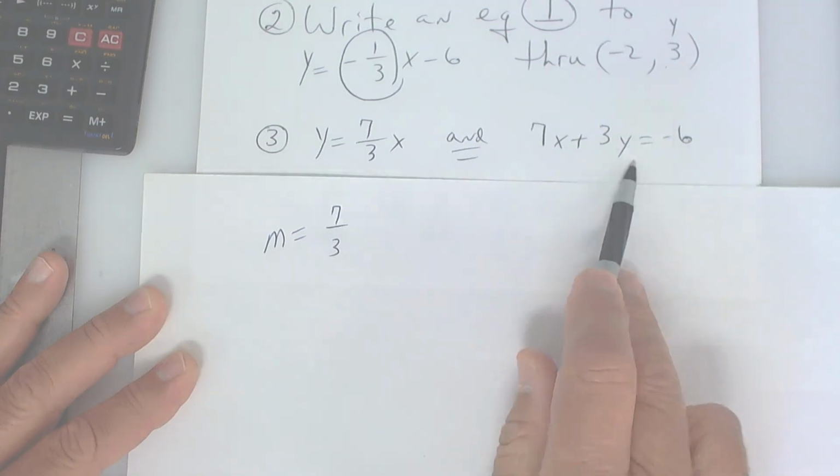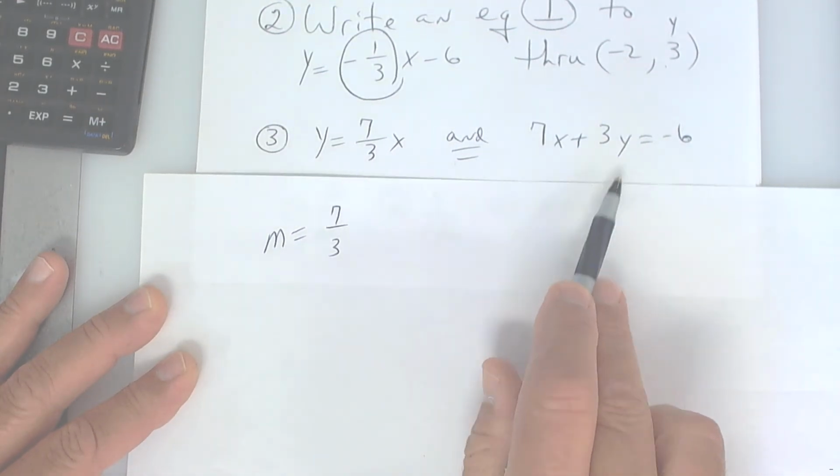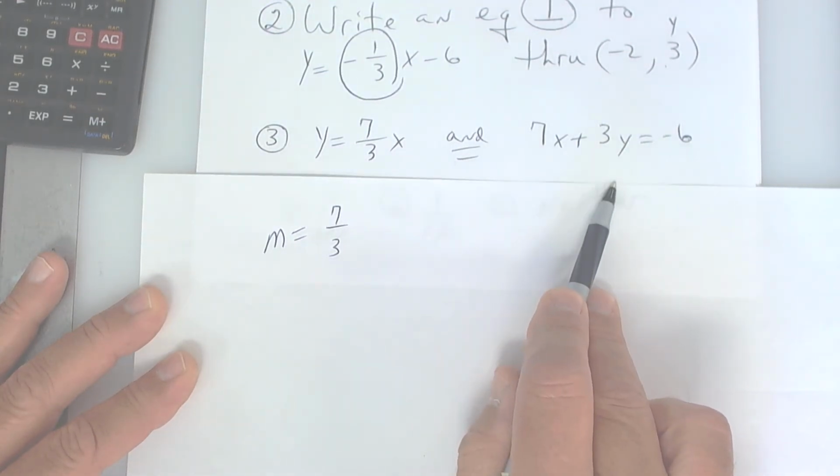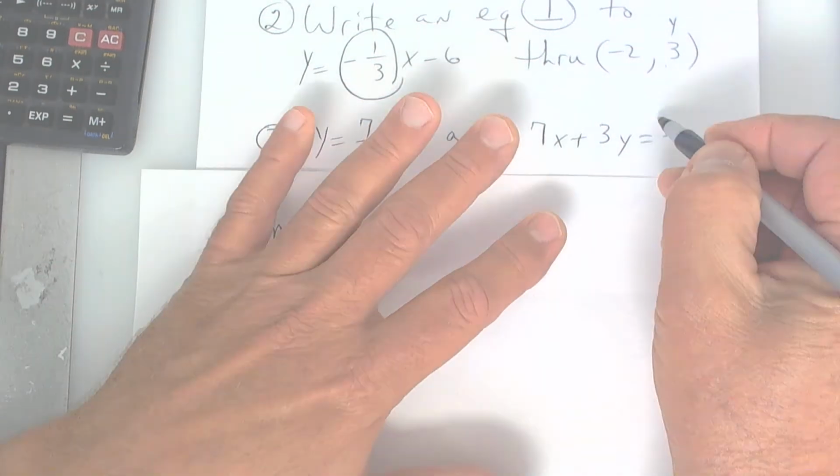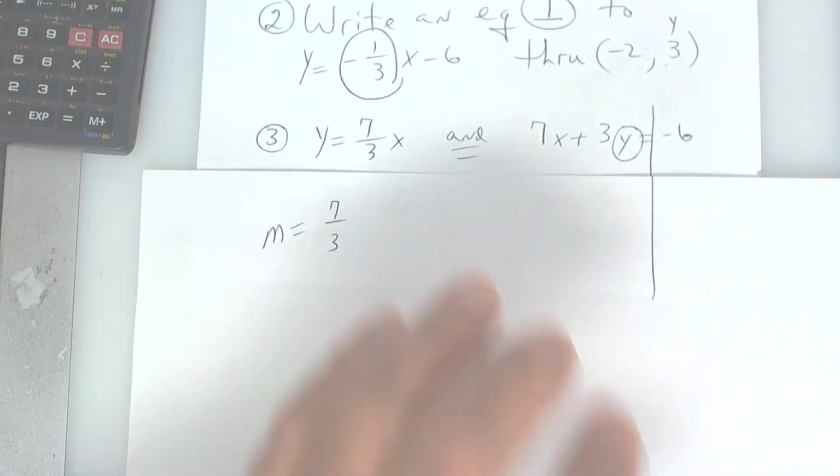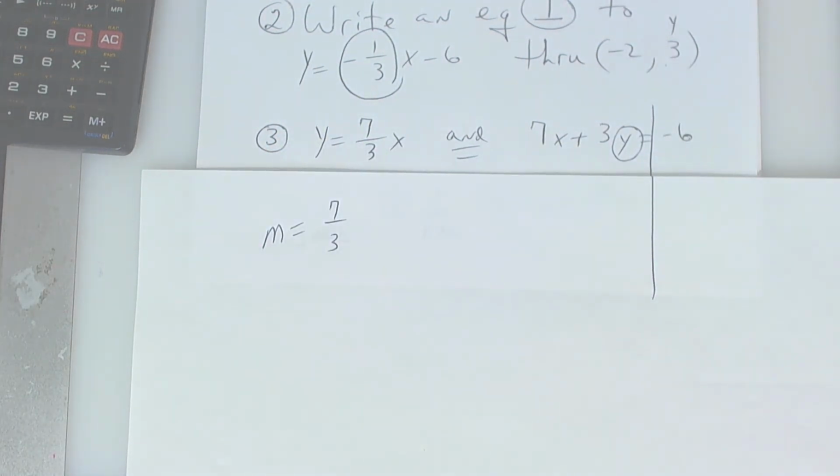How do I get my slope for this one? You got to get y by itself, man. There's no easy road on this one. You got to work. So do it right now. Come on. Get y by itself. Now, I trust you can do that.